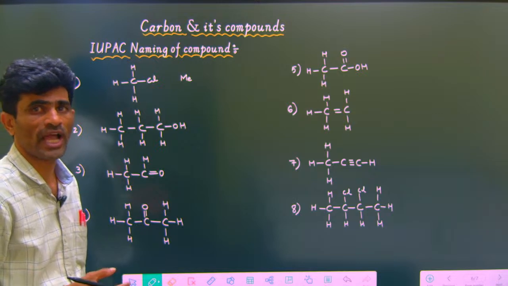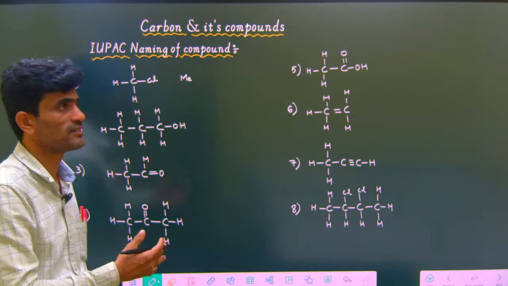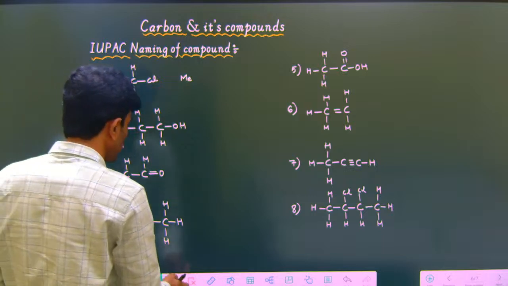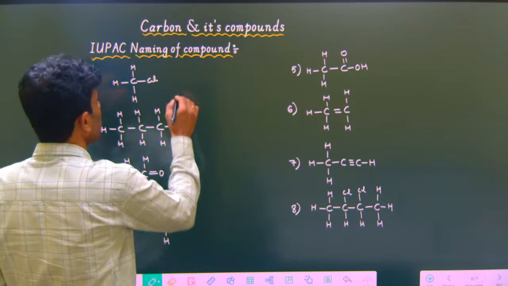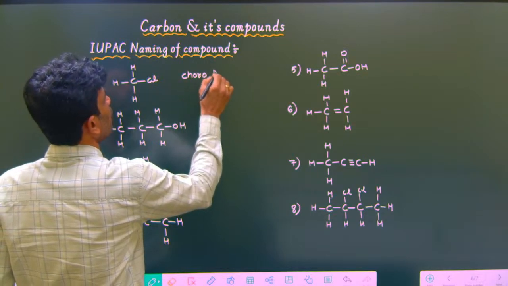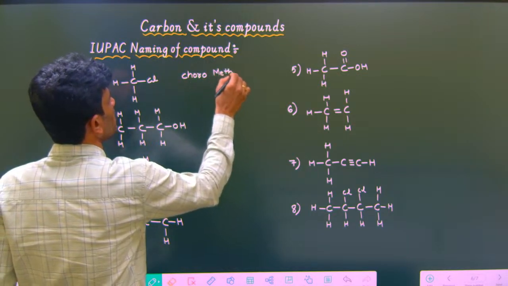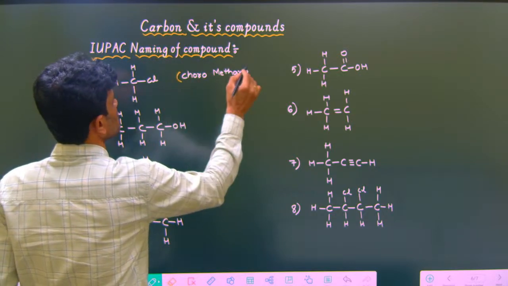I told you, whenever a halogen group is there, its name will be added before, as a prefix. So it is not just methane, it is chloromethane. This is the name of the first structure.